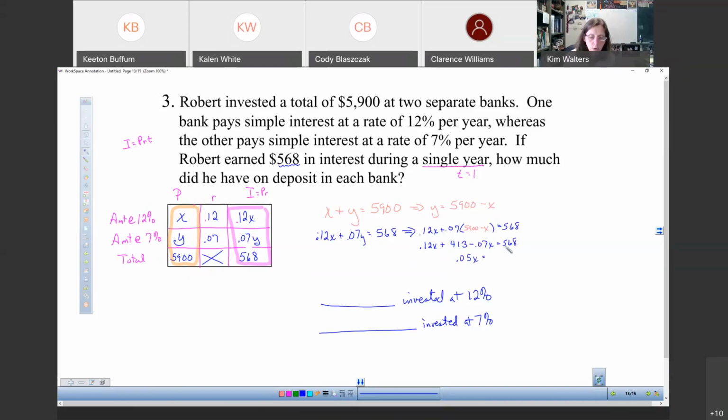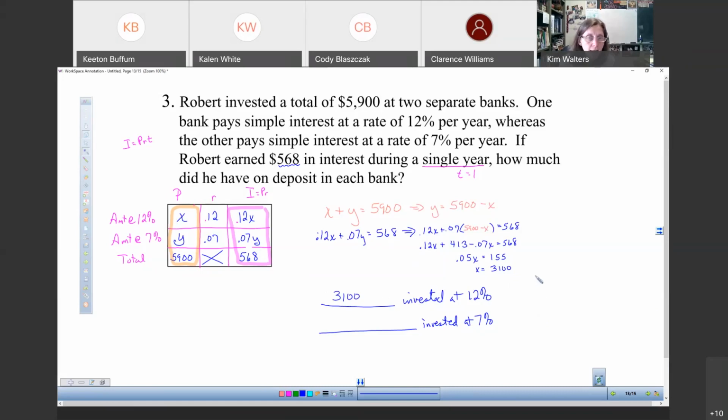And then when I subtract 413 from both sides, that's going to give me 155. And then if you divide both sides by 0.05, you get that x is equal to 3,100. And that's absolutely spot on, okay? So 3,100 is invested at 12% because that's where my x went, okay?